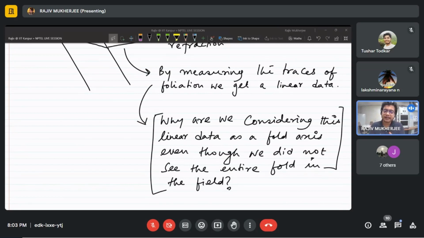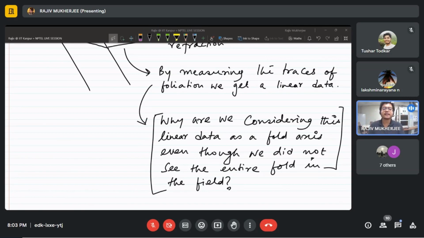So unless the material can accommodate the strain through buckling, it would deform through brittle deformation. But if there is an option to accommodate the strain without any development of fracture or loss of cohesion, then the deformation should essentially be propagated through ductile behavior or ductile deformation.